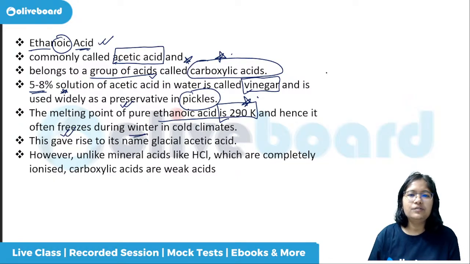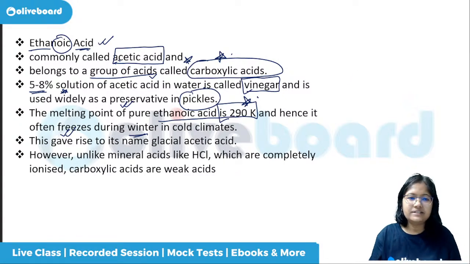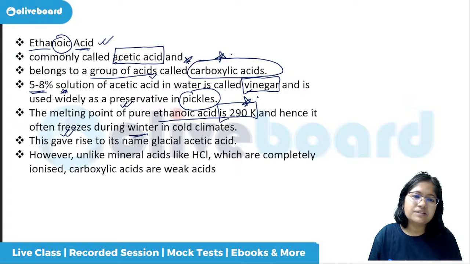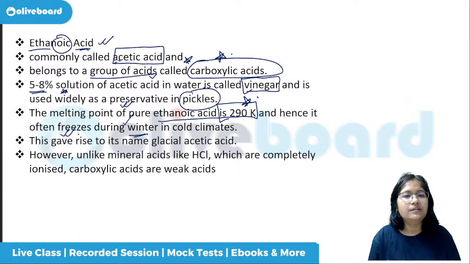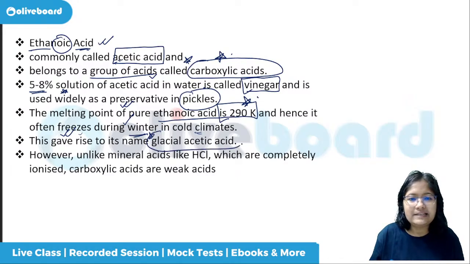You will see if you have sirka stored in your home somewhere, it will freeze just like coconut oil will freeze, no? Similarly, coconut oil will solidify. In case of sirka, you will see that in winter it will freeze in cold climates. This gave rise to its name, glacial acetic acid, because it is freezing.